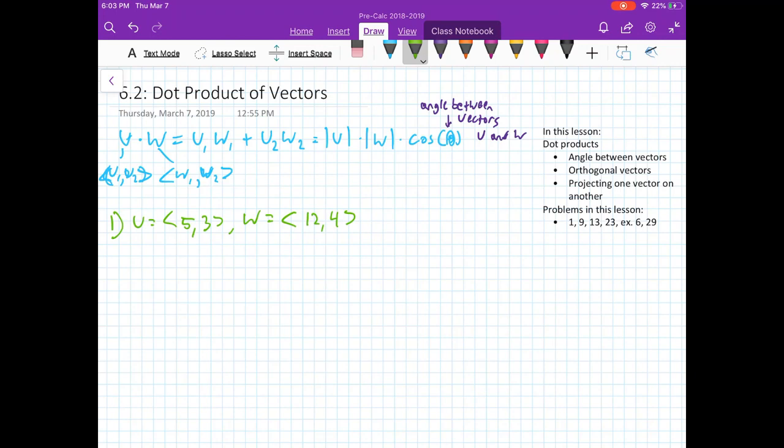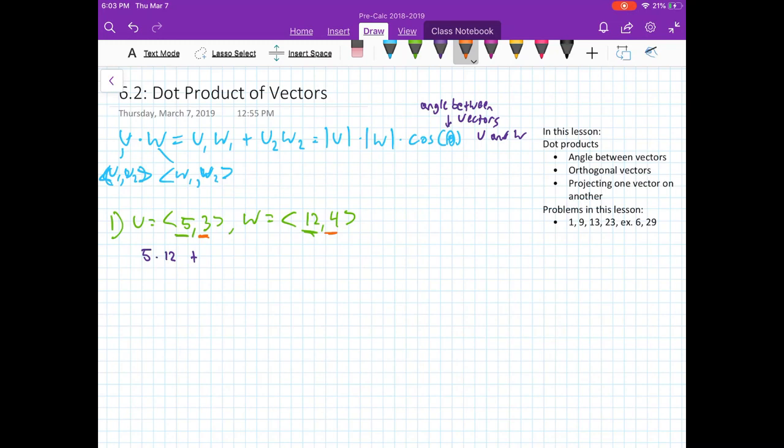Now this is really simple. In essence, we have to take the x value of u and the x value of w, and we're going to multiply them together. So we'll say 5 times 12 would be our first bit. And we're going to add that to the combination of the y values.